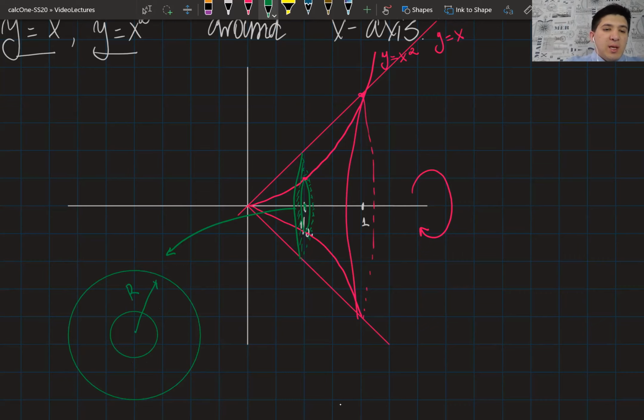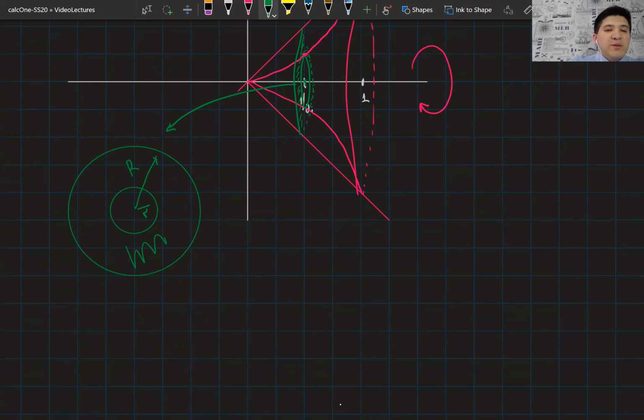Let me denote this as the big R, and the inner radius, the small r. So the area of this slice is going to be the area in between these two circles, and we can find that area by finding the area of the outer circle and subtracting the area of the inner circle. The area of the outer circle is pi multiplied by R squared, minus the area of the inner circle, pi multiplied by small r squared. So this is going to be the area of this kind of donut.